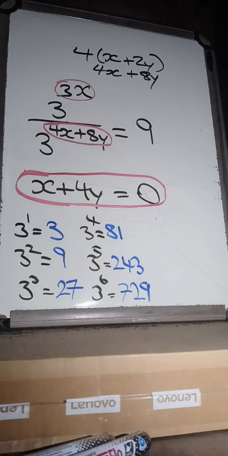Right. Now, what am I going to do with the 9? The 9 is 3 to the 2. I'm not even going to know with the 9 just yet, right? Because I think I know what's happening here. This is a fraction. So I'm going to have to multiply both sides by 3 raised to this number so that I can end up with this being multiplied by that, or cross multiply, right?